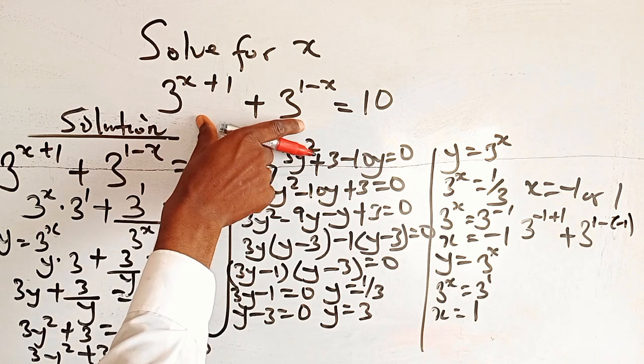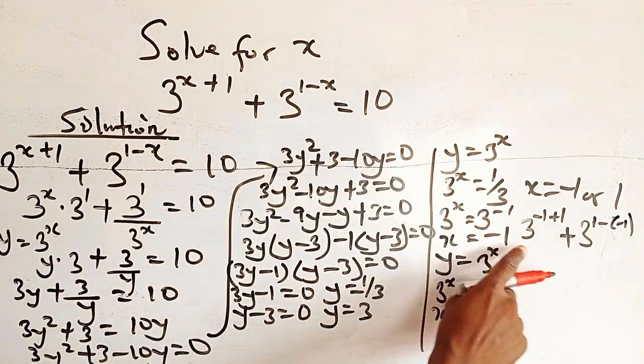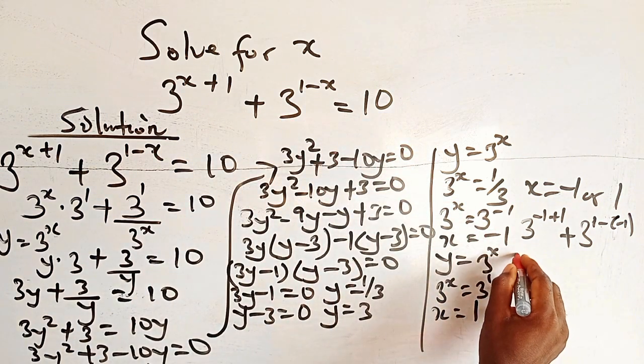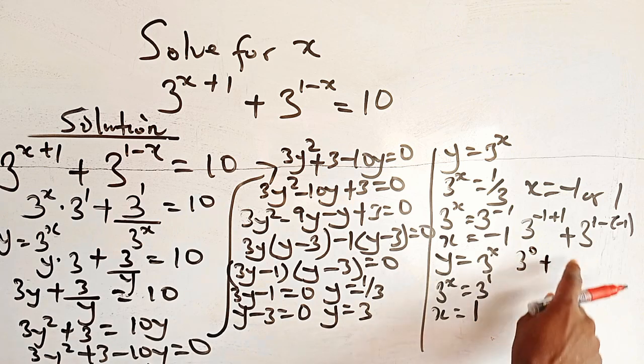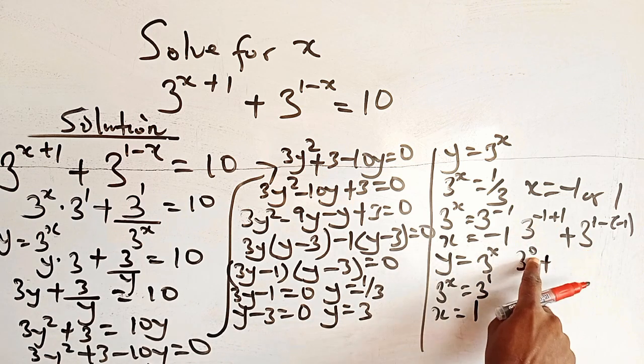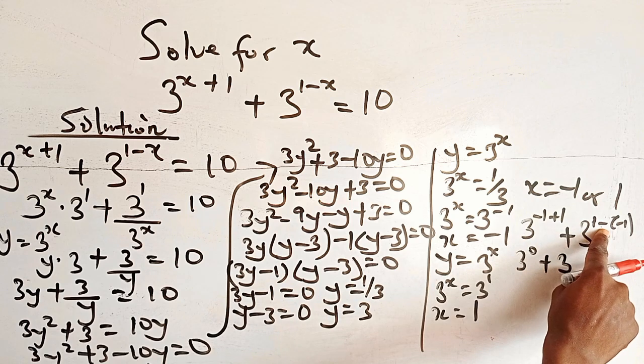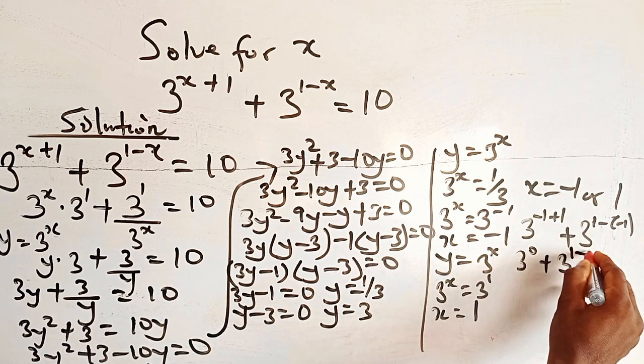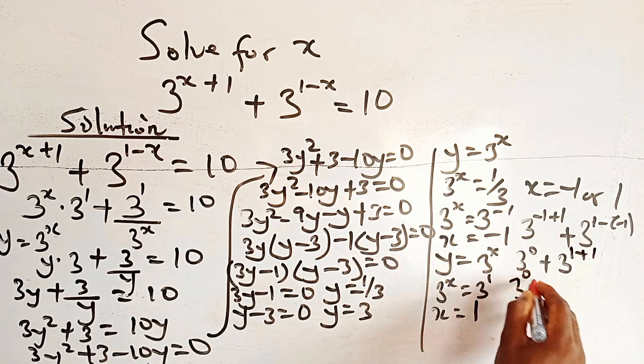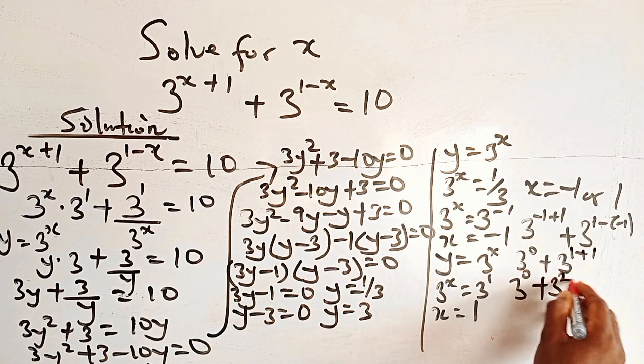Let's check. Here we have 3 raised to the power 0, since minus 1 plus 1 is 0, plus 3 raised to the power 1 plus 1, which is 2. So we have 3 raised to the power 0 plus 3 raised to the power 2.